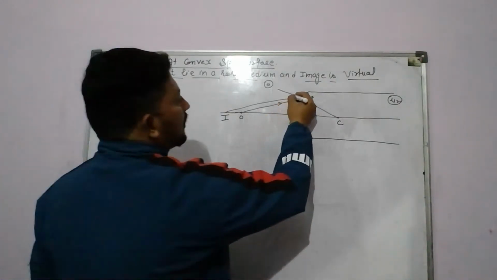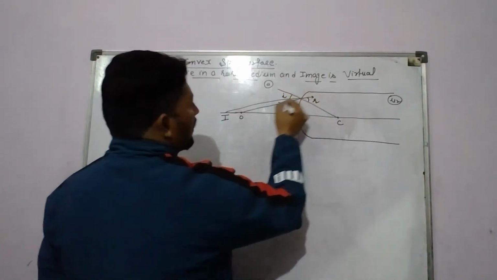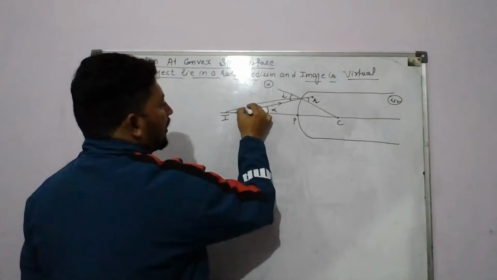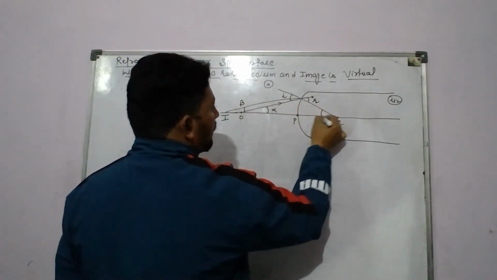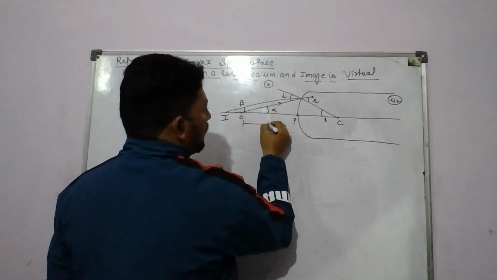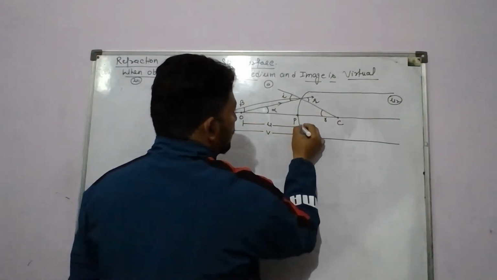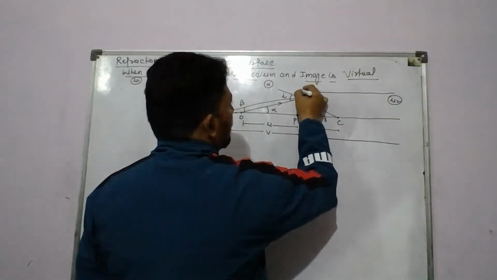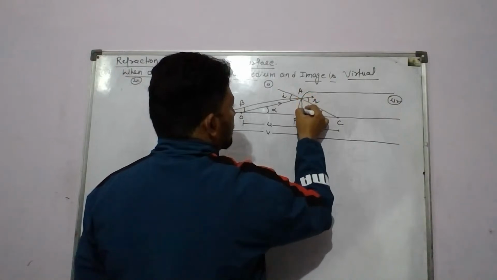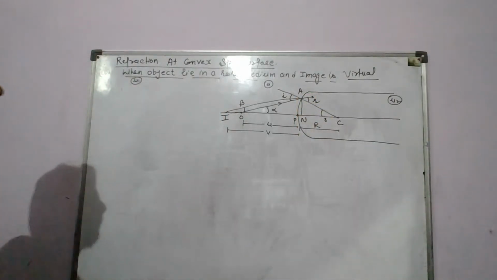So this angle is i and this angle is r. Here alpha, here beta, here gamma. This is your u, this is your v, this is your R, this point is A, this is the normal N. So again you solve the question and the result is same.